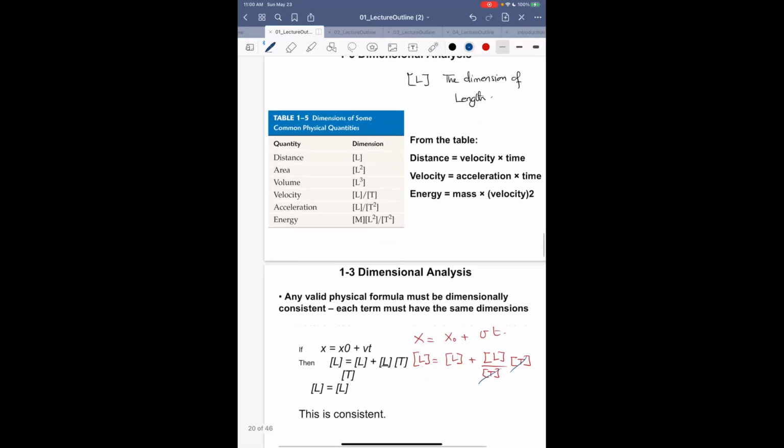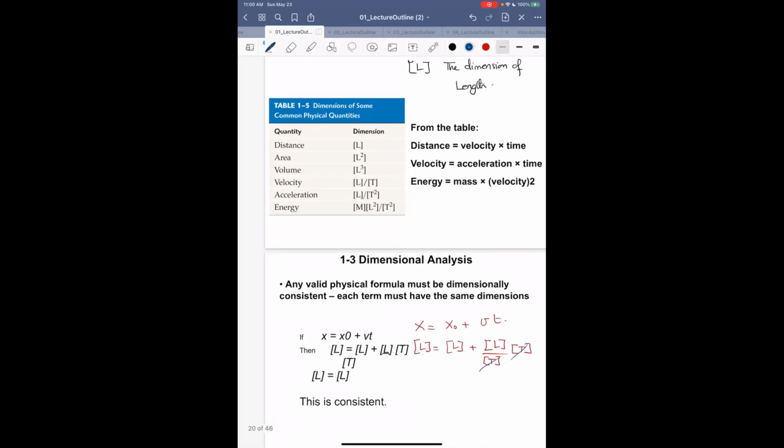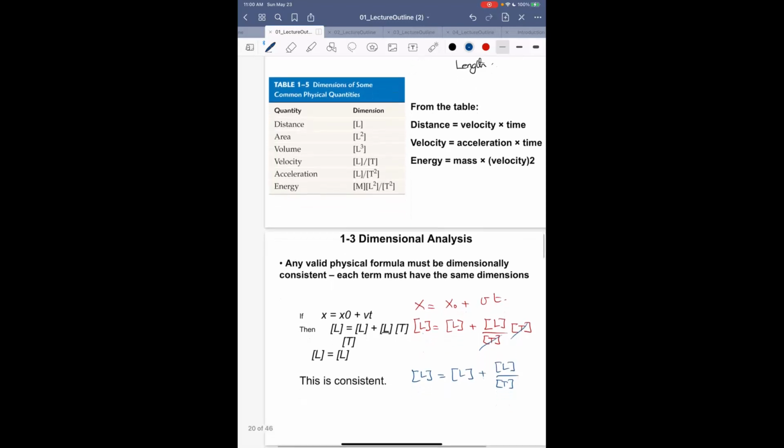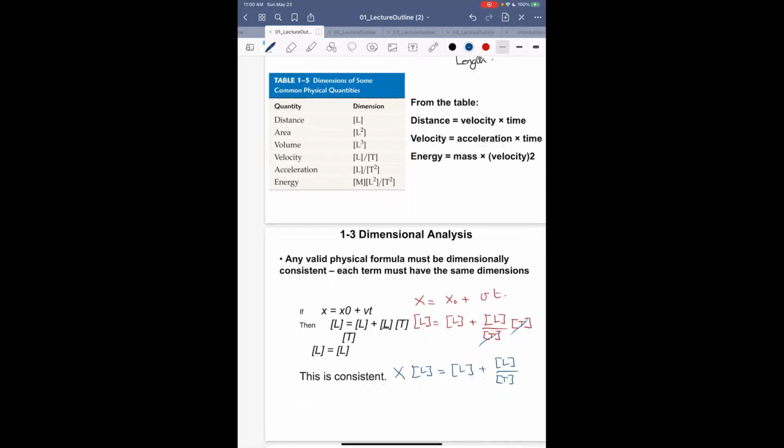Okay, for example, if I forgot the t, then I will say it is L equals L plus L over t, and that is not going to make it correct. Then this is really not consistent, and I will reject this equation.